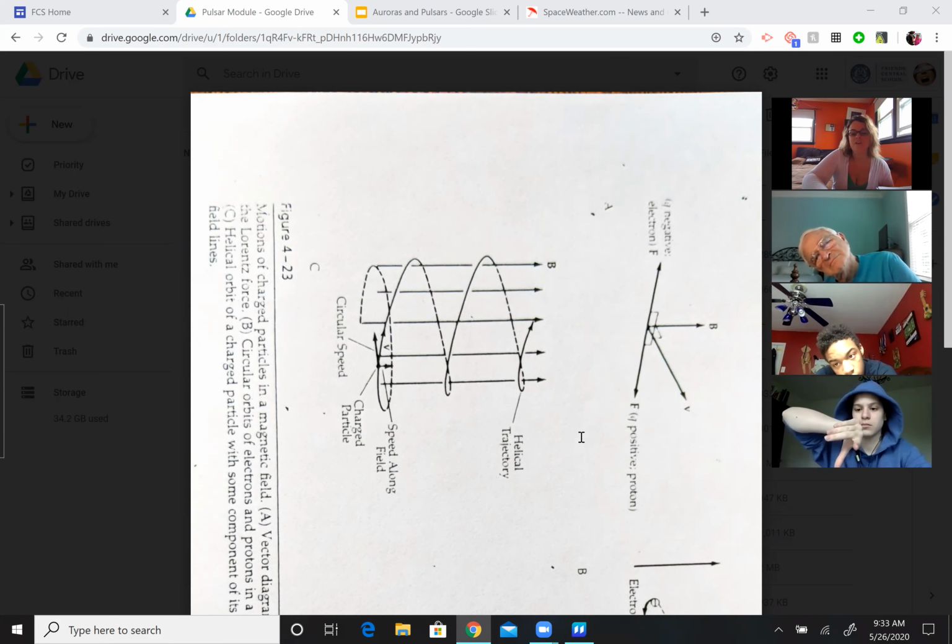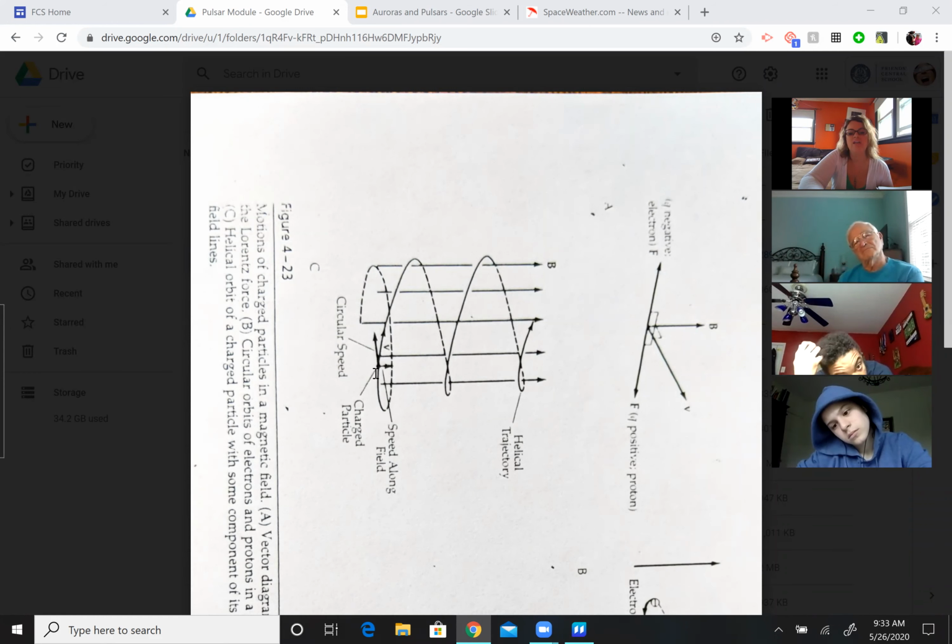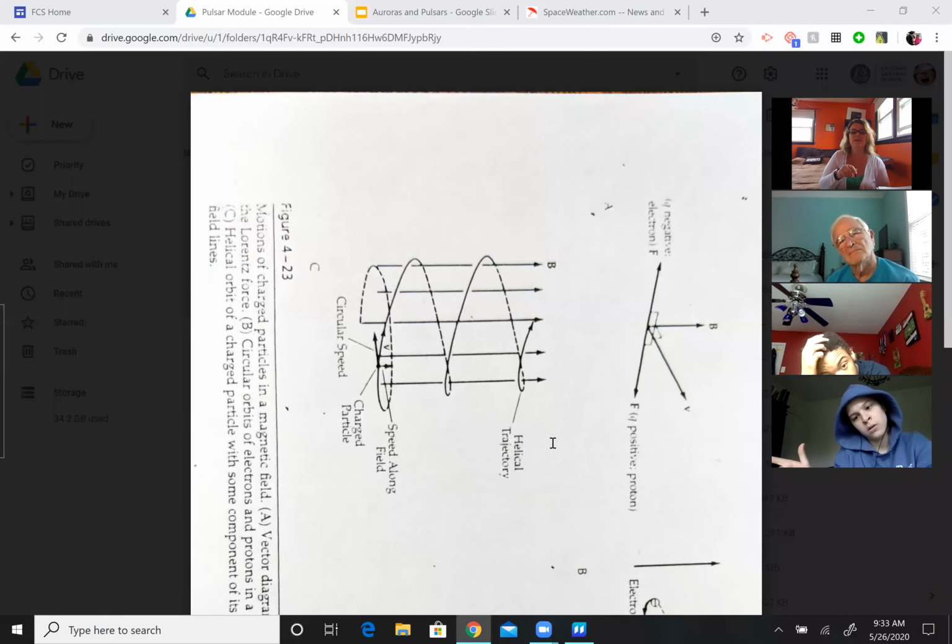Well, here in this figure, I'm hoping you can see my mouse moving around. What they're introducing here is a particle that is moving with a velocity that is on the page sort of upward, okay, so perpendicular to this B field. And because of that, it's going to feel a force into the paper.